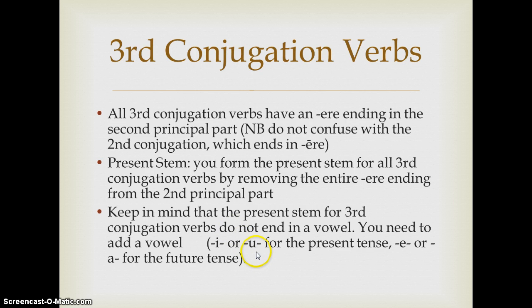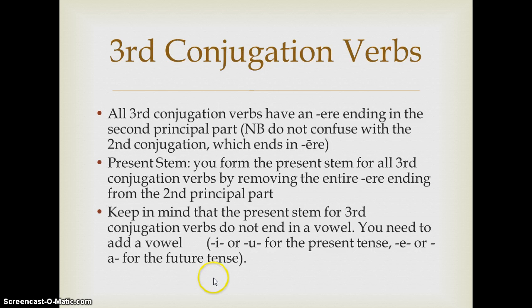So when you are conjugating, you are going to have to add the vowel to let us know whether the word is in the present tense. The vowels you add for that are I or U, I should say, or in the future tense, the vowels that you add are E or A.